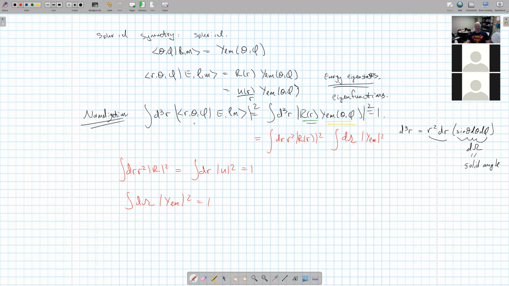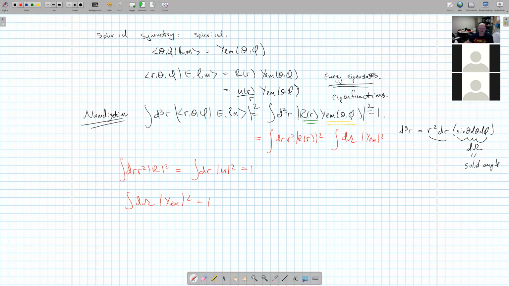Again, the nice thing about the normalization condition here is that since this is a radial piece which is separated from the angular piece, this thing can split up into two different integrals. So each one of these integrals has to be normalized basically independently from each other. For the radial part, I can either look at R or u. It's actually a little bit easier if we look at u.